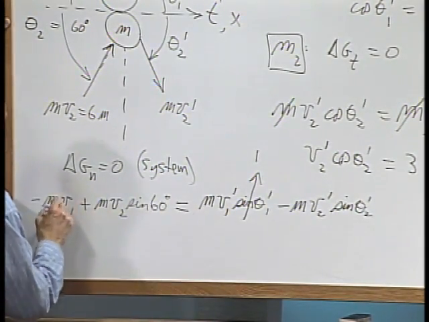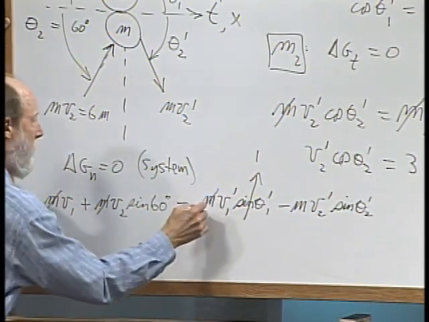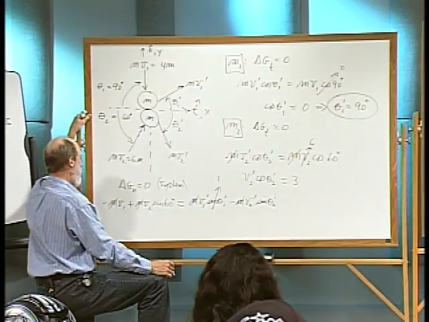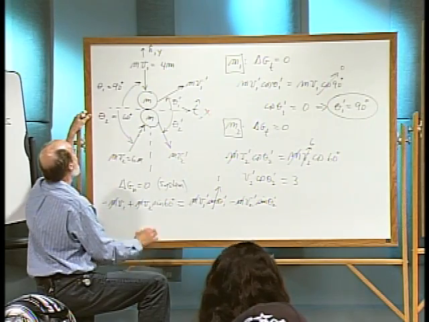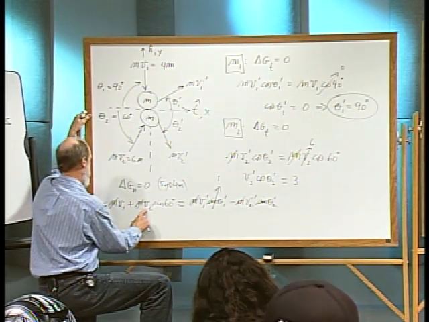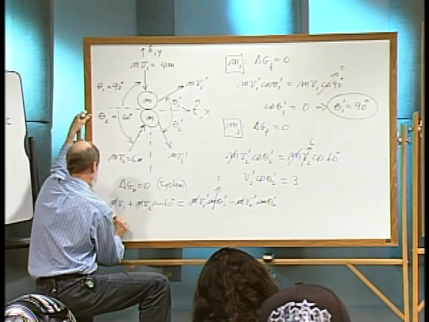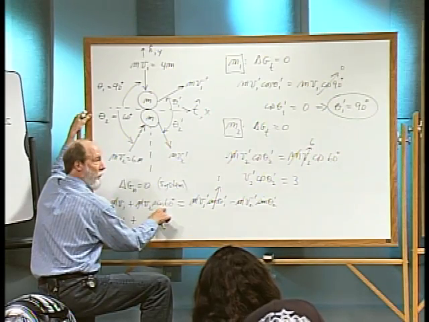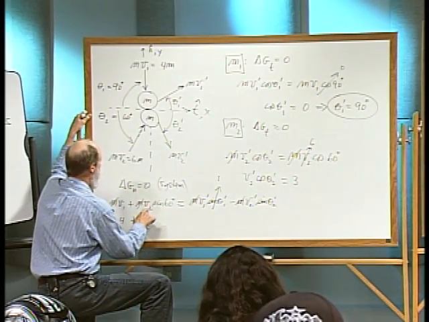And the masses divide out in every term because they're identical. And we know our incoming velocities of 4 and 6 right here. So we have minus 4 plus sine of 60, square root of 3 over 2, times 6.